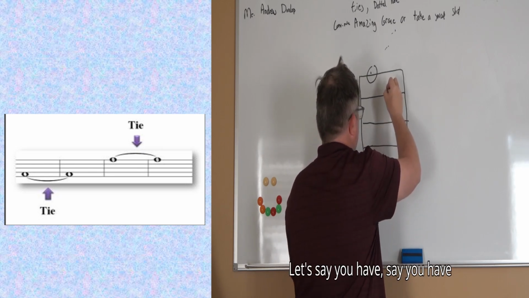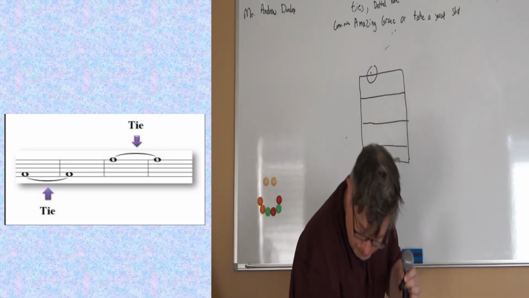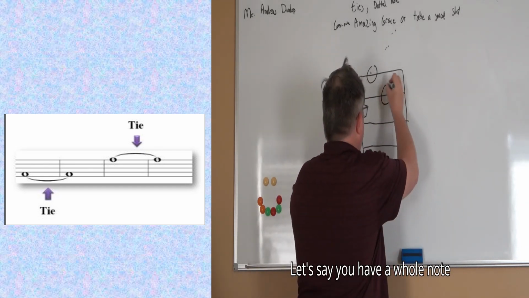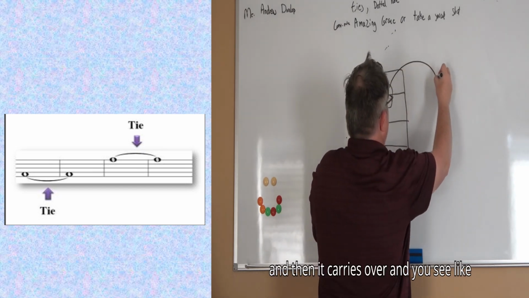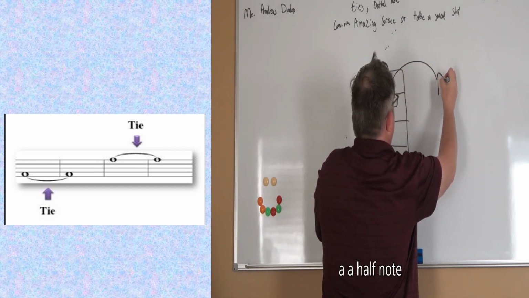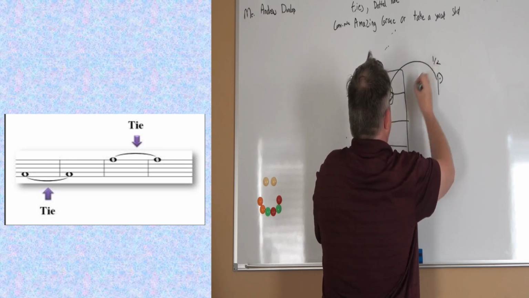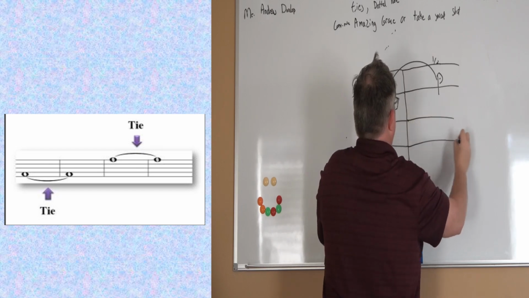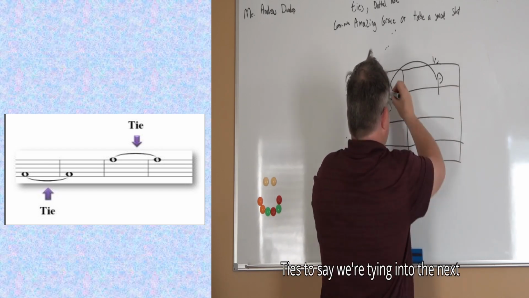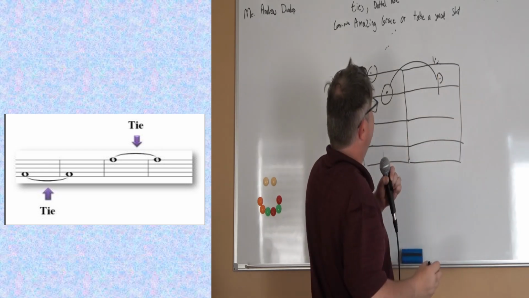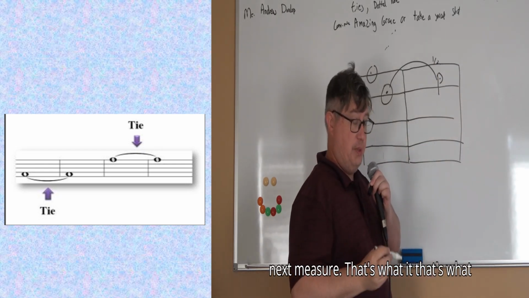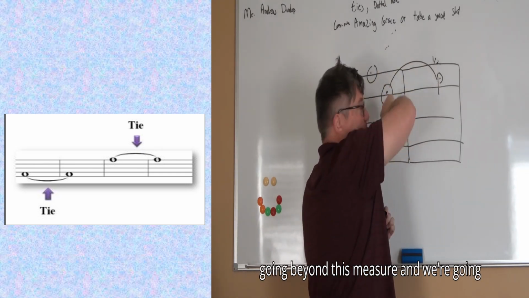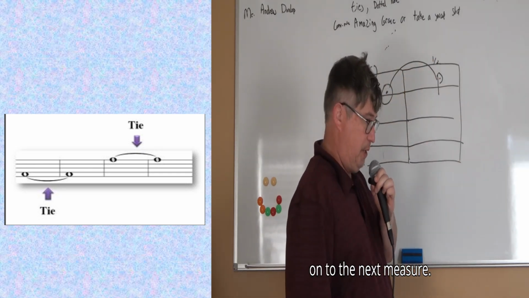Let's say you have a whole note, and then it carries over, and you see a half note, and that goes to the next measure right here. A tie says we're tying into the next measure. That's what it means. It's sort of the same thing as a dotted note, but it means that we're going beyond this measure and going on to the next measure.